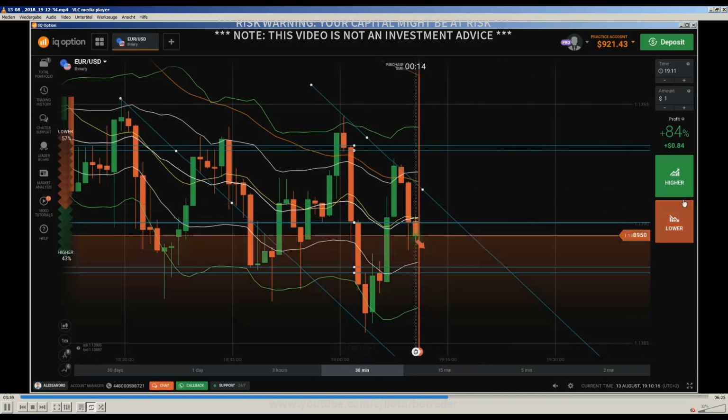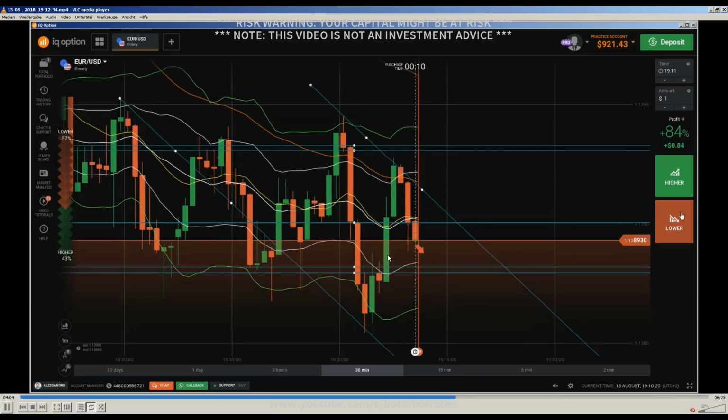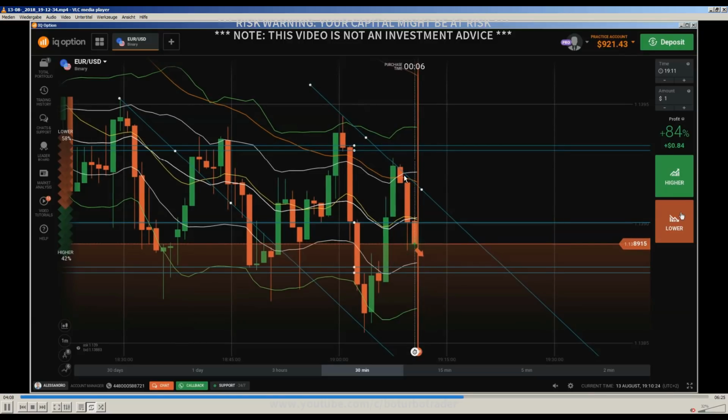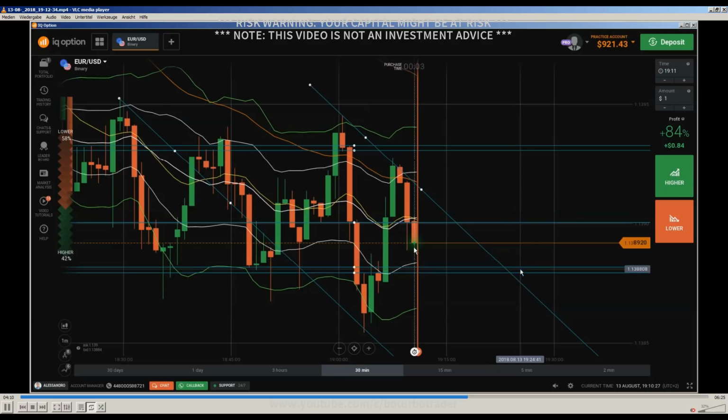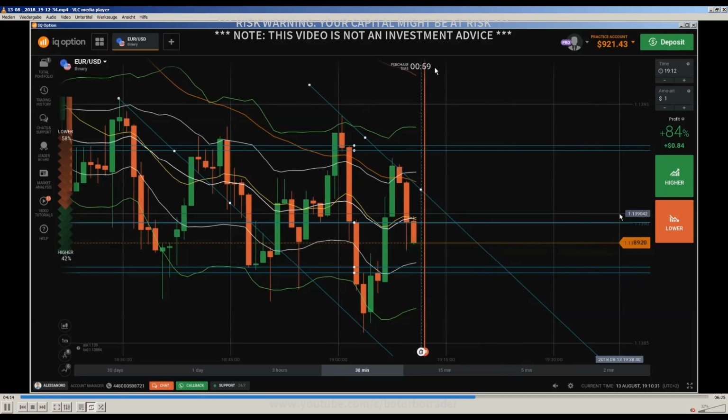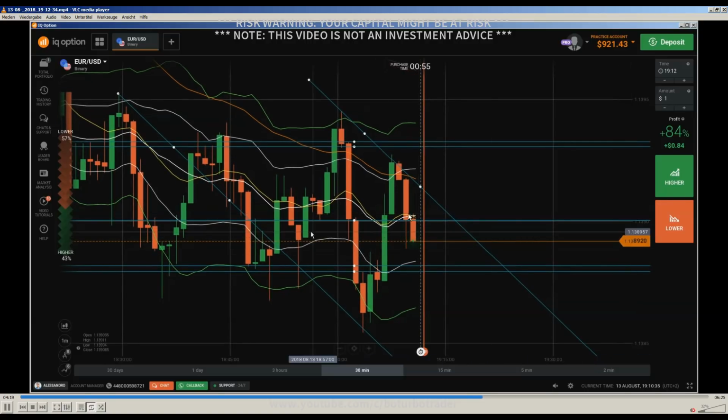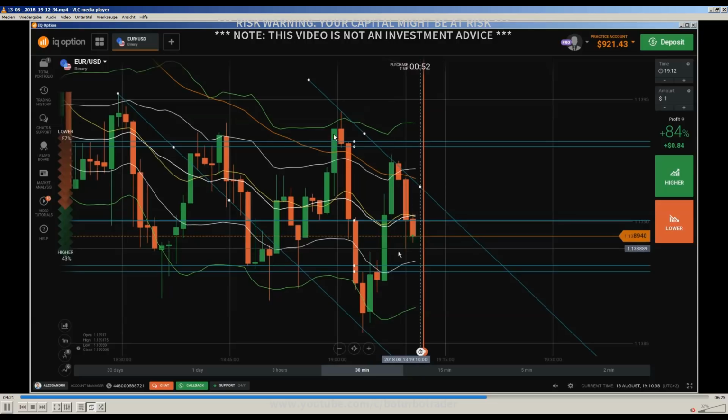This wick what was here was a sign that price will most probably not continue going down. Traders who are not experienced, and would trade only candlestick patterns blindly, would enter into a put here. So you see also the candlestick here is doing the trick. In the pre-expiration time, it was still below this to show that there would be a trend continuation.